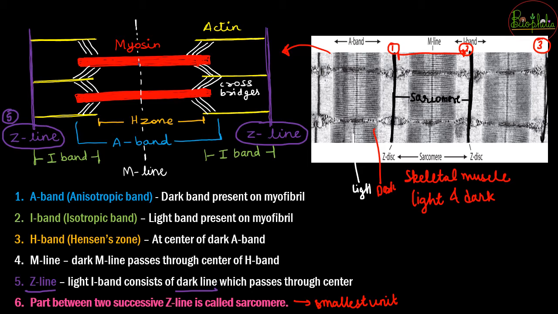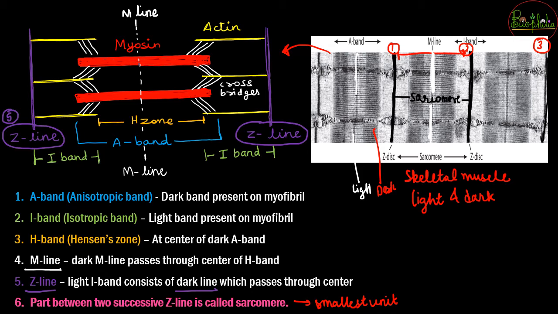Moving to the next part, that is called the M line. M line is nothing but the white dotted line shown over here in the color coded figure, and this M line is short for the middle line. So a dark gray line भी दिखेगी over here, so trying to highlight it over here with the white one. So this white over here in the black and white photo, उसको क्या बोलोगे?